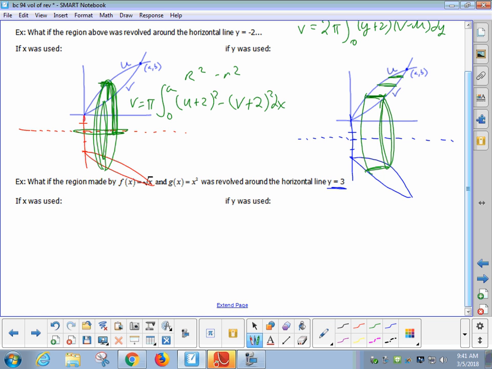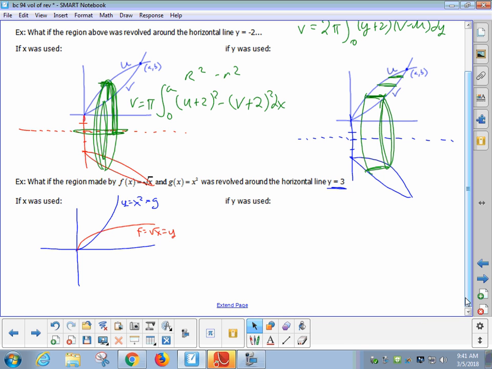So say you had y equals x squared, or f equals, or sorry, g equals x squared, and f equals square root of x. There's the region, basic enough. The axis of revolution, where do they meet, by the way? Just by guess and check. 1, 1. So they meet at 1, 1.